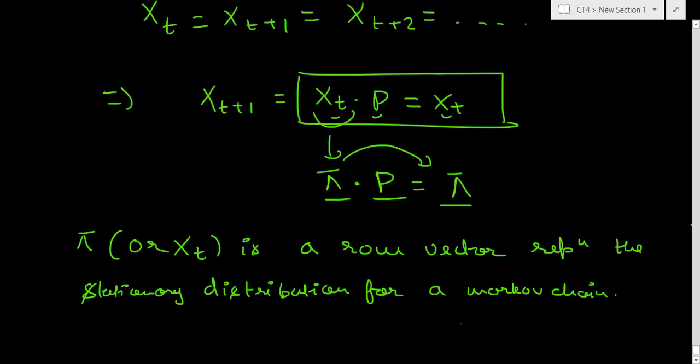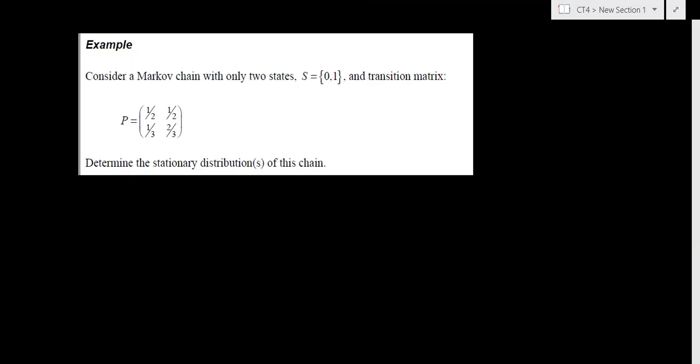Now let's take an example from your study material itself. The state space of this Markov chain is 0 and 1, so there are only two states, and the transition matrix is given like this. I can even draw the transition diagram.